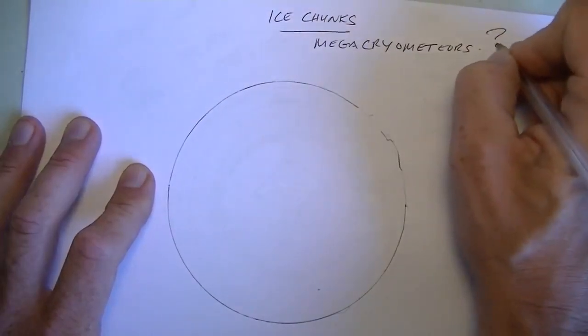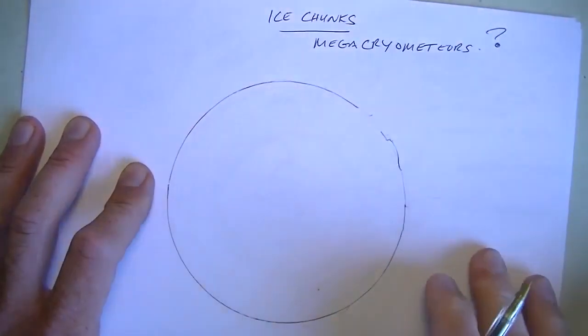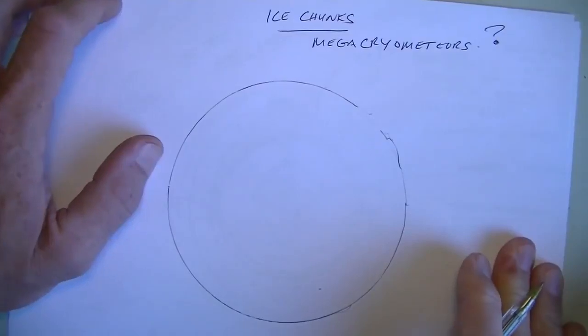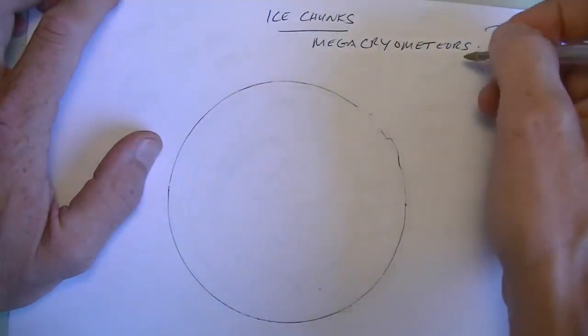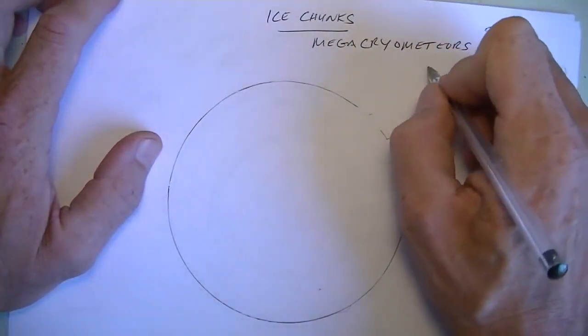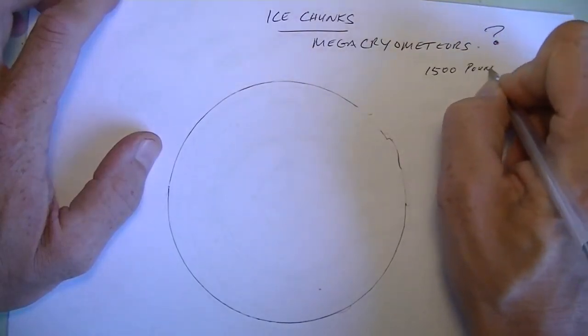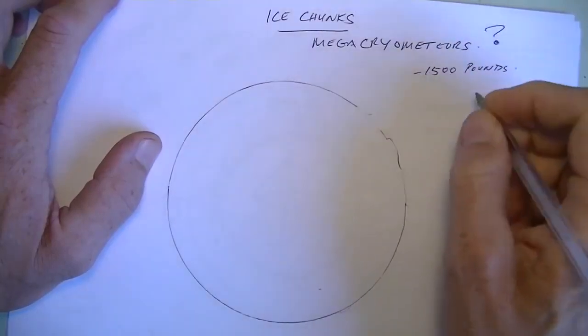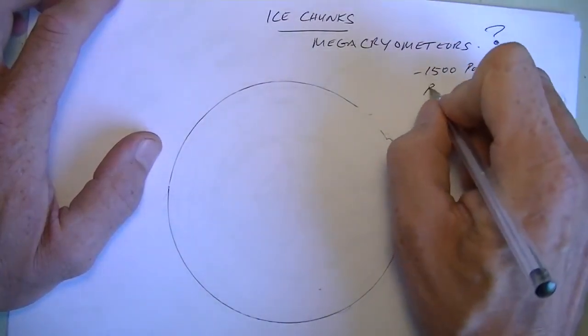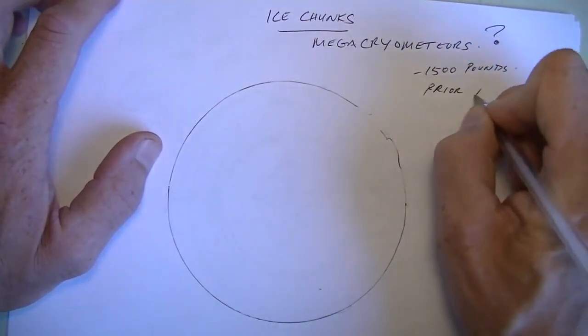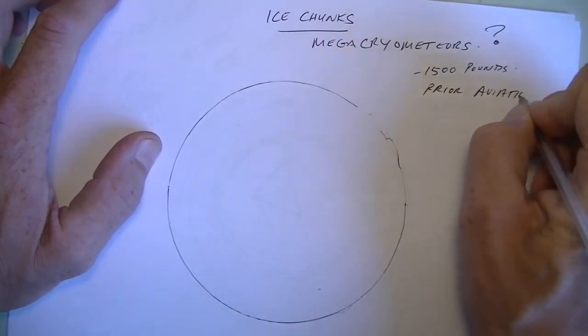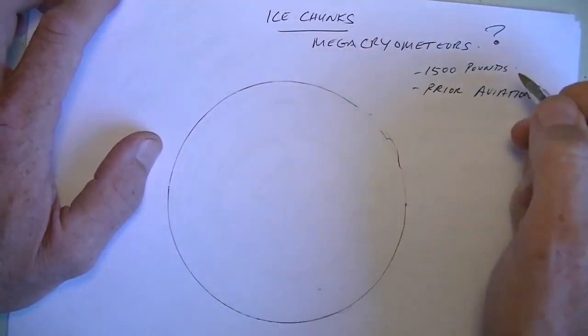It's a big mystery, the origin of where these megacriometeors are coming from, because some weigh as much as 1,500 pounds, and they have been falling for centuries, so prior to the invention of aviation. Okay, so they're not falling from airplanes.